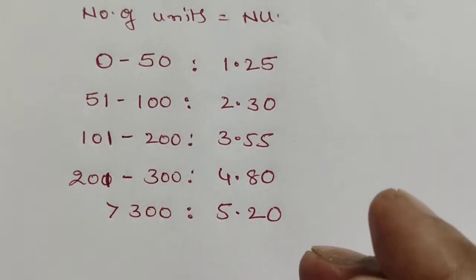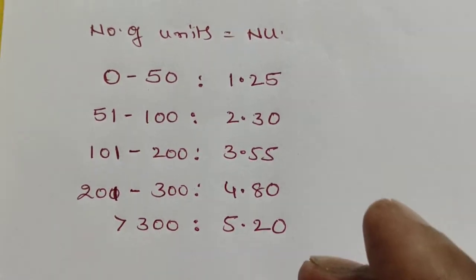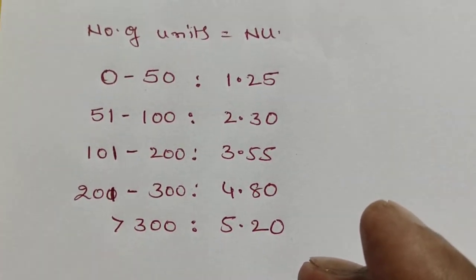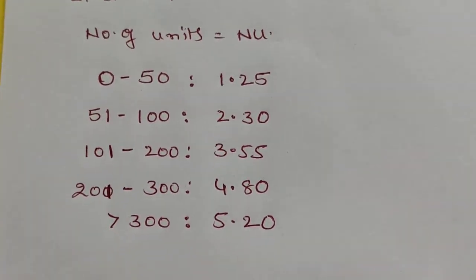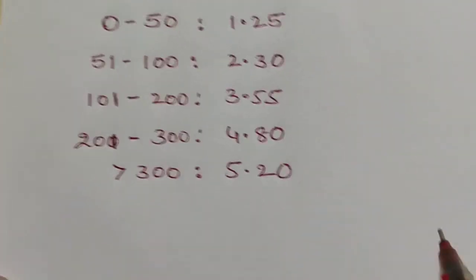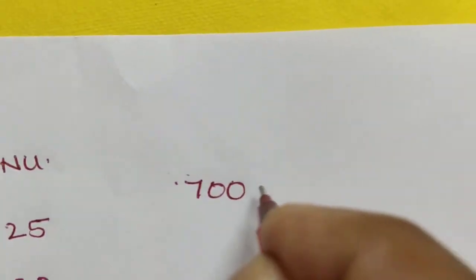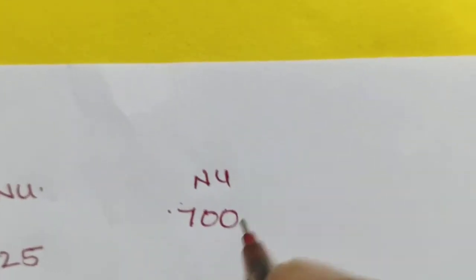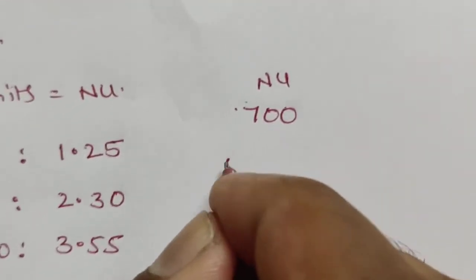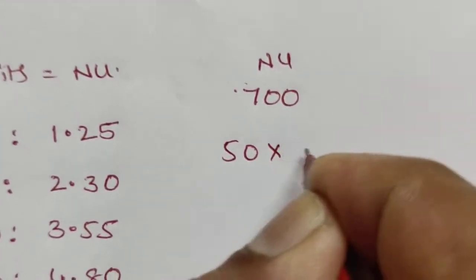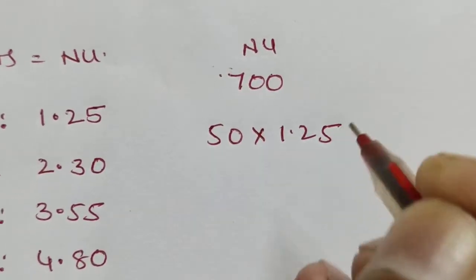Then suppose a person consumes more than 700 units, let us consider. So the number of units is 700. For him, the first 50 units are only 1 rupee 25 paise.